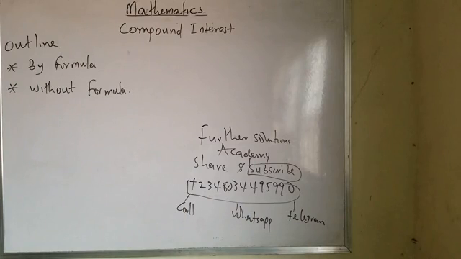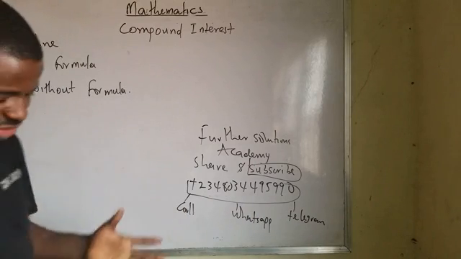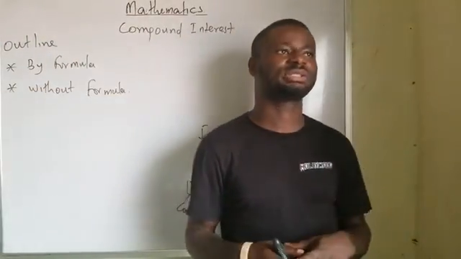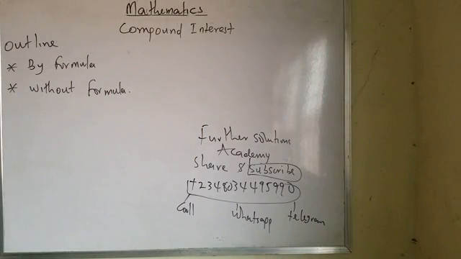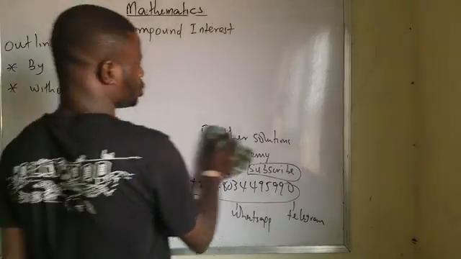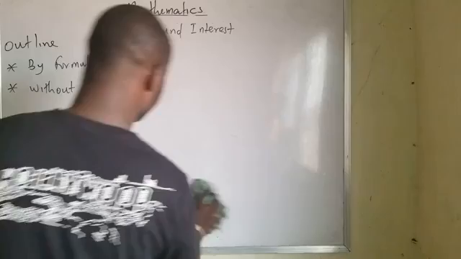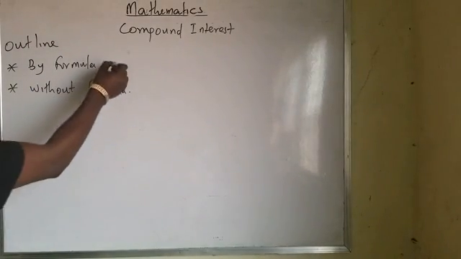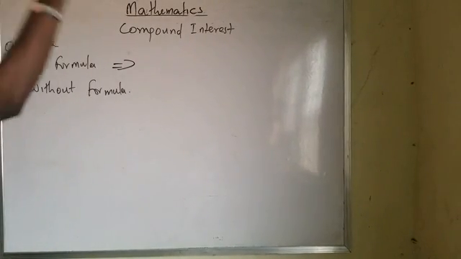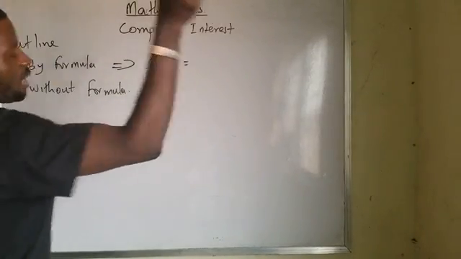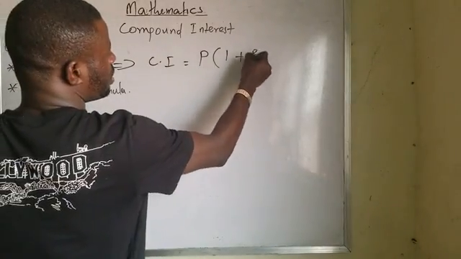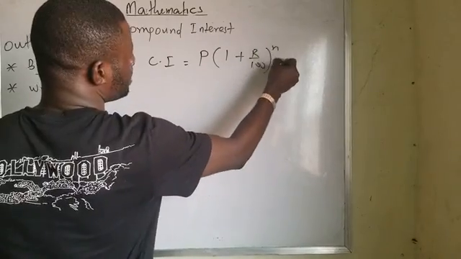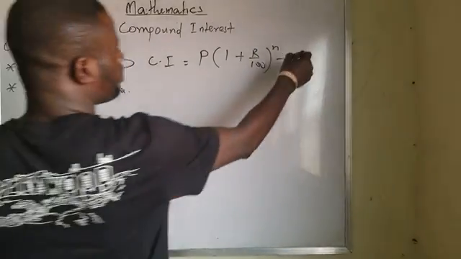Now, on this video I'll be working you through compound interest, by formula and without formula. Let me quickly interpret this so that when we are moving, you will really understand the by formula. By formula, it means my compound interest will be equal to principal times (1 plus R over 100) to the power n, minus principal.